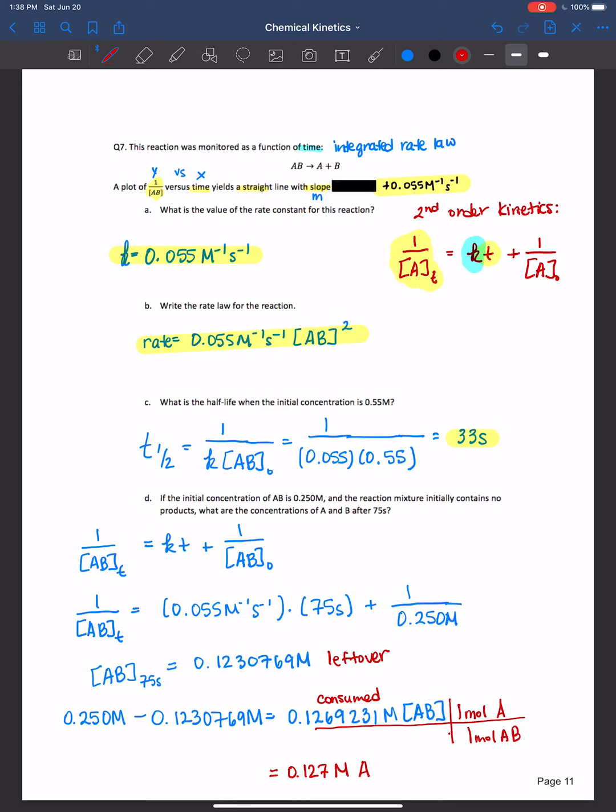So that's how much is produced. And since B is also 1 to 1, you would also have 0.127 molar of product B produced after 75 seconds of reaction time. So I'm just using stoichiometry to determine how much reactant was consumed, and therefore I can figure out how much product was produced at that specific point in time.